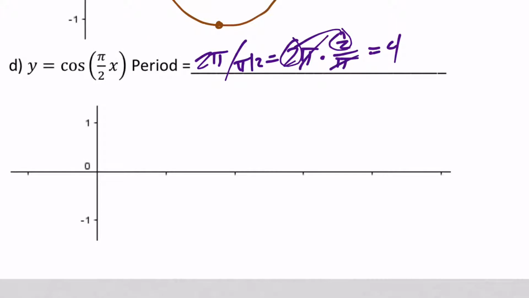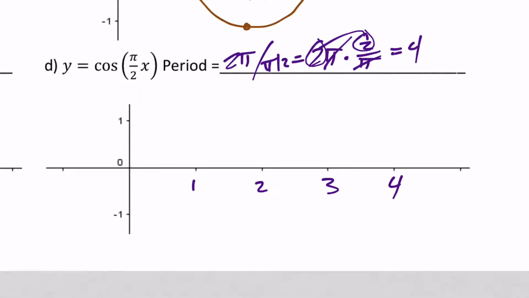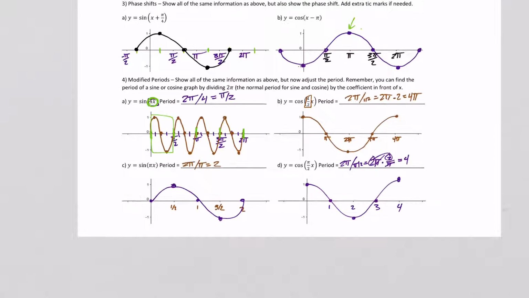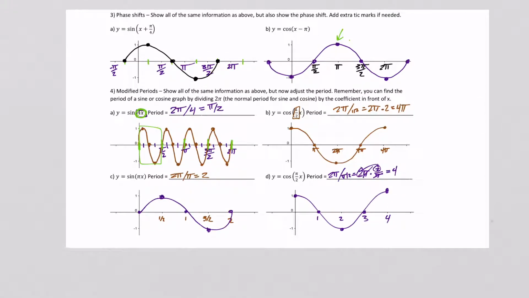And so I can label it 1, 2, 3, 4, just like that. I'm graphing a cosine graph, so it starts at its max and then it oscillates through its cycle. And bada boom, bada bing, we are finished. And there you have quite a few different graphs that you can choose to look at.